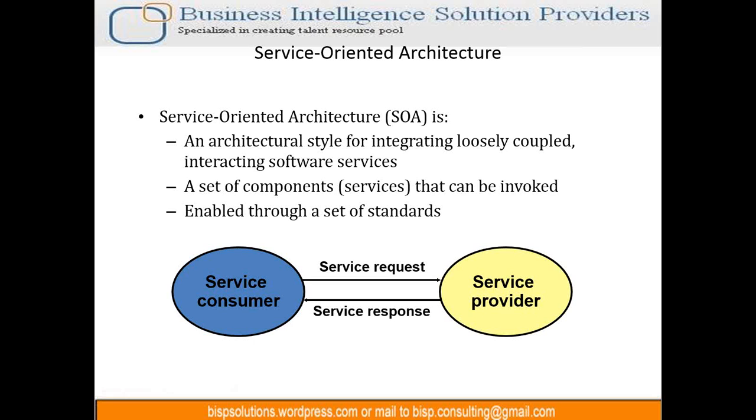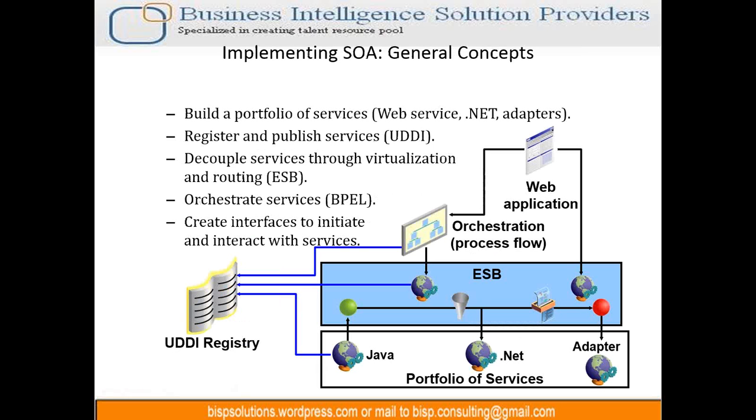SOA general concepts. What are the SOA general concepts? First, when I have to build an SOA project, the first thing I do is build a portfolio service. For that I can use Java, .NET, PHP, or adapters. We will see a lot on adapters when we get to the adapters chapter. Then in some cases, I register with UDDIs. UDDIs are just like the yellow pages.